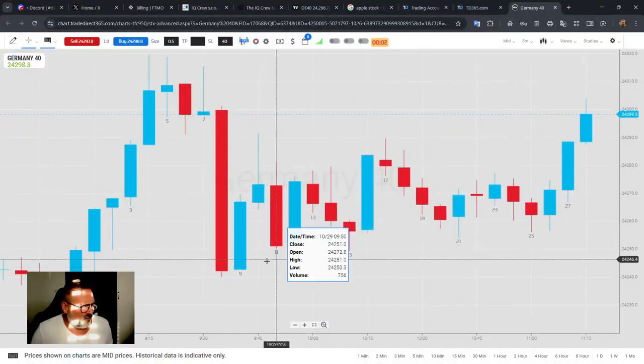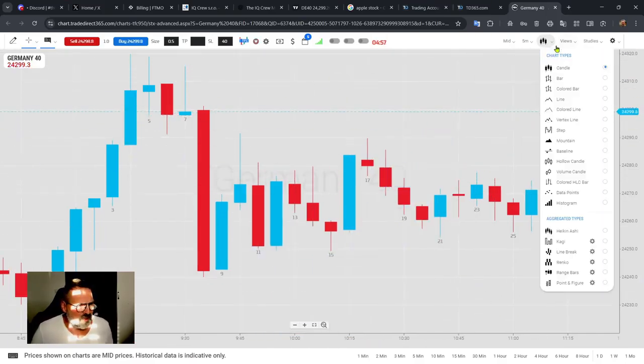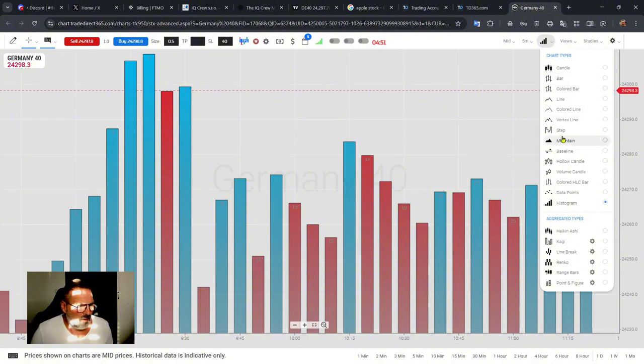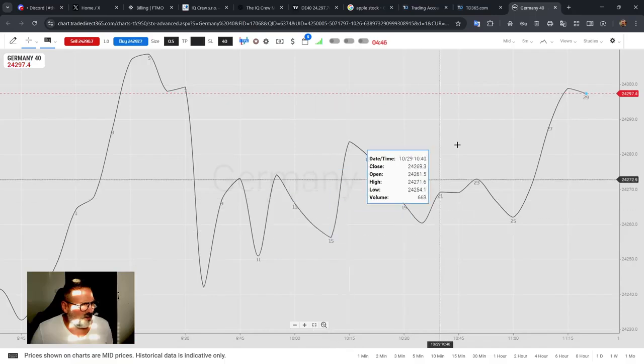this is a chart of the DAX, right? And here I can switch. You see the different chart types. So it's a histogram. Here's a mountain. Here's your line chart.